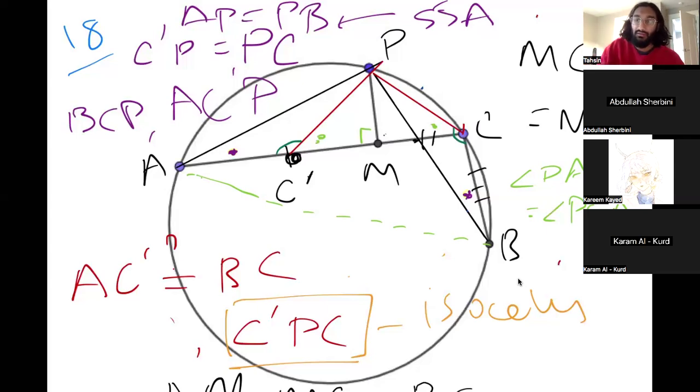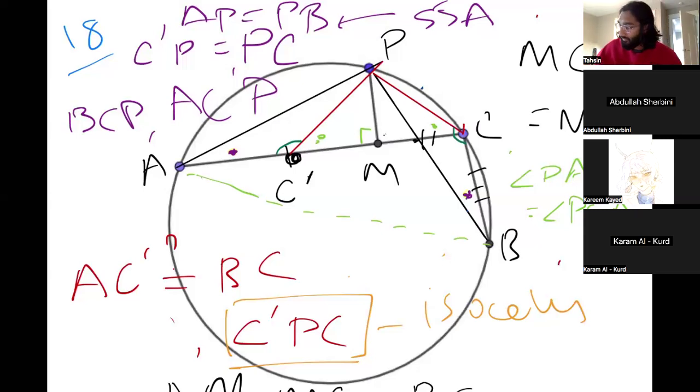Does that make sense? I'm saying PAB and PCA, they're the same. The angles have the same arc because P is the midpoint of AB. Does it make sense? Which angles again?